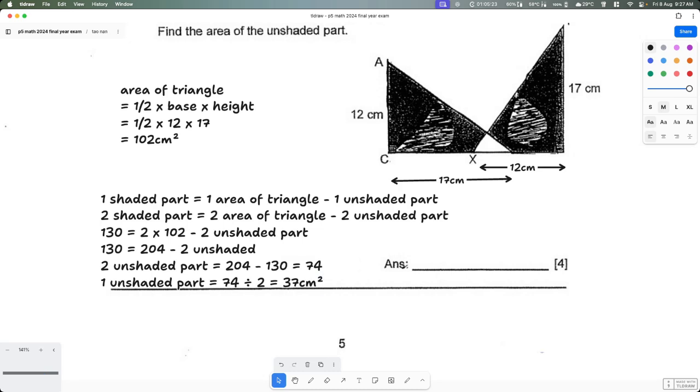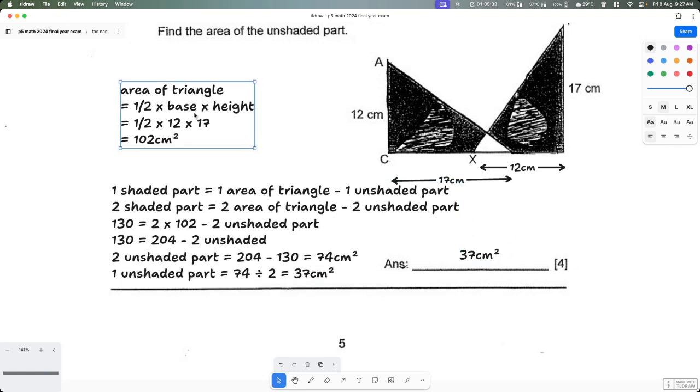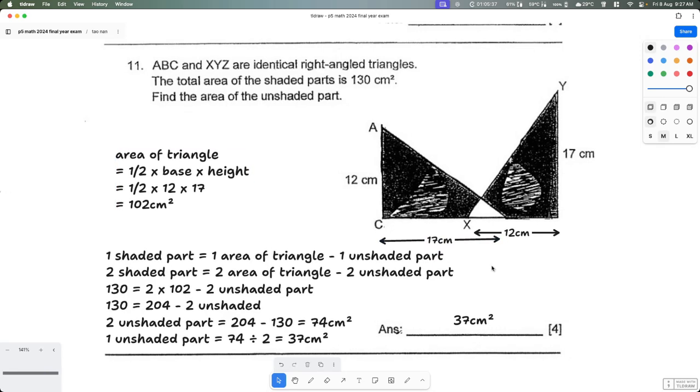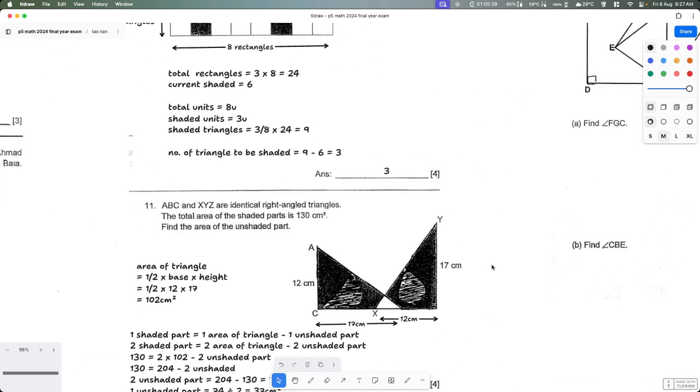There you go, that's the answer. So the answer to this is 37 centimeter square. All right, it's quite a lot. Let's move on to the next question.